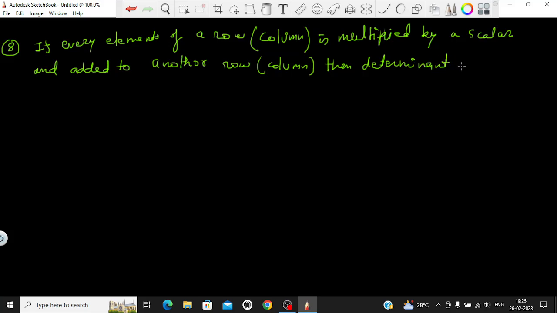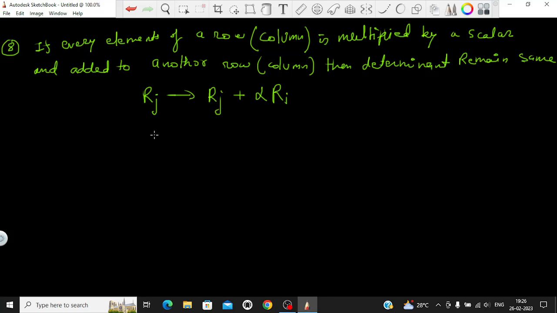Okay, for example, you take the ith row and you multiply it with alpha, some scalar value, and add it to the jth row.